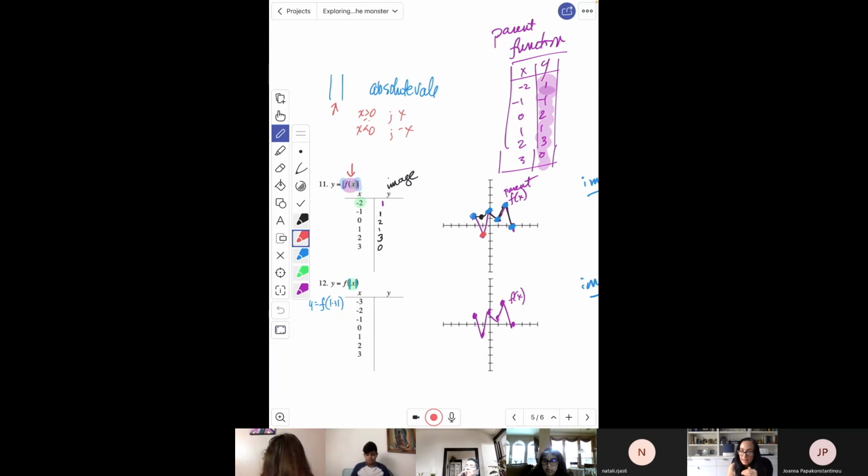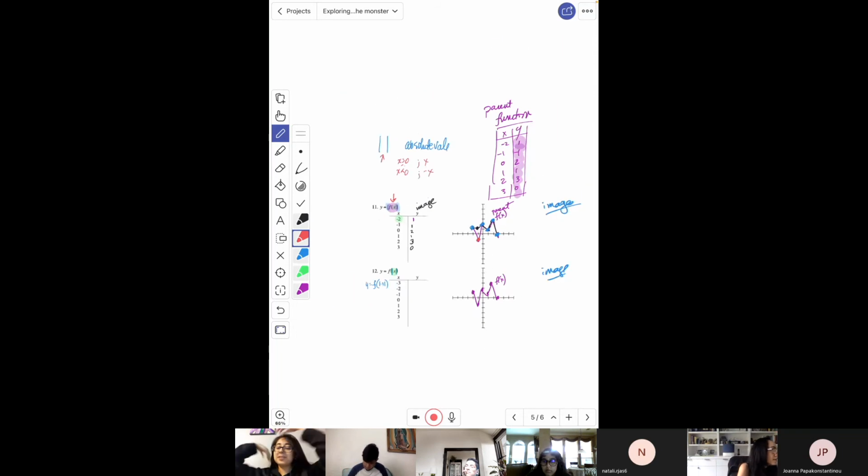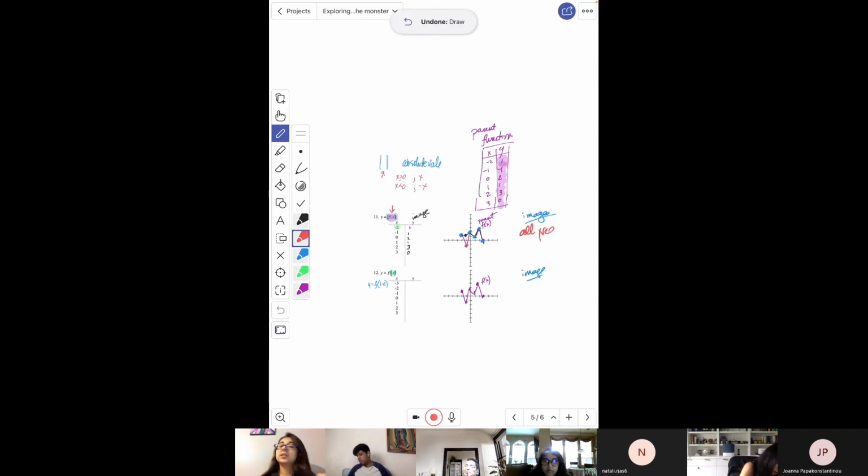When my y is negative, when I take the absolute value of that, it makes it positive. So how would I describe this? All negative y values become positive, right? Positive y values stay the same.